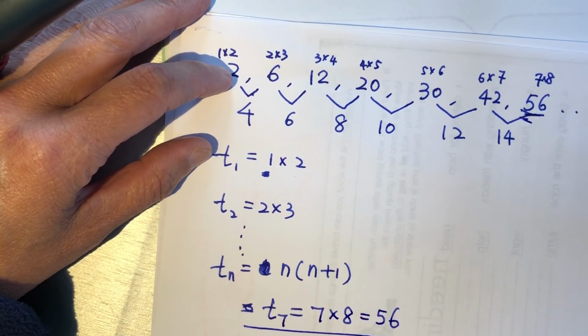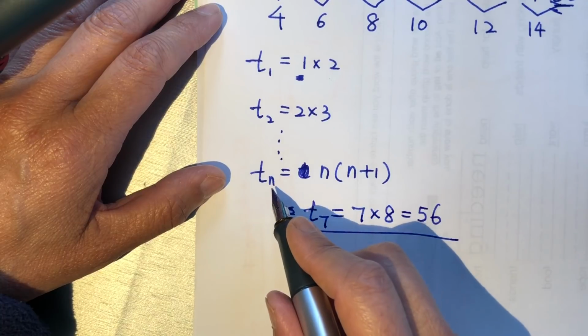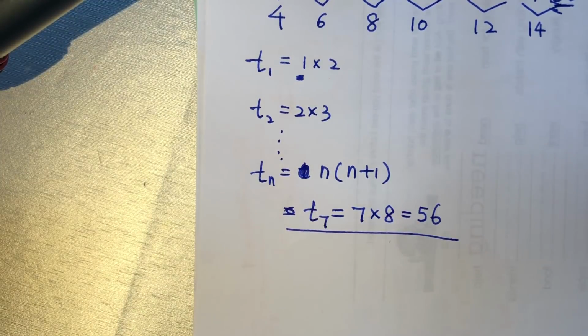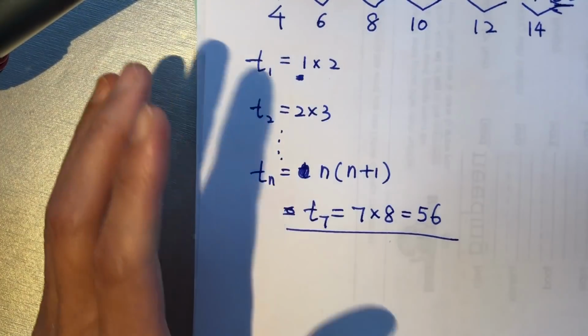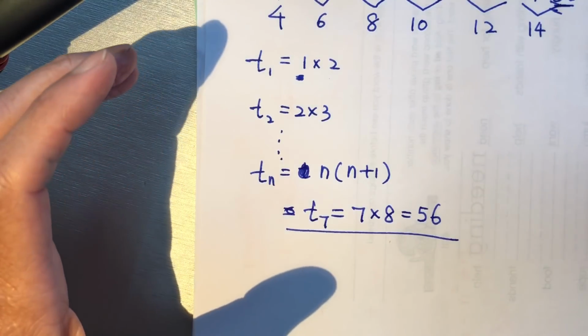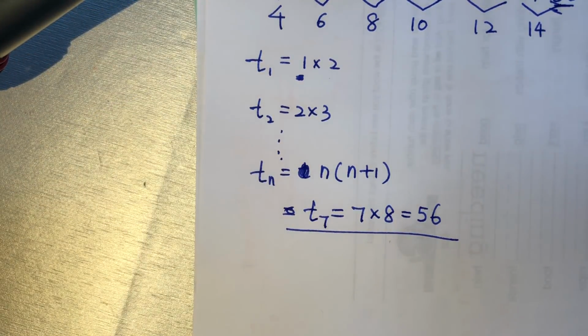So our formula is right: Tn equals n times n plus 1. Do not overthink. Sometimes when you are thinking in the wrong direction, stop and try to think in another way. You can solve the problem more easily.